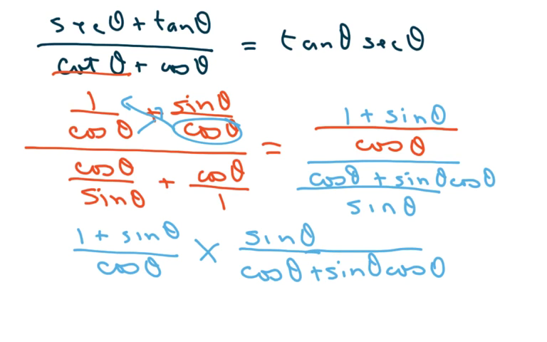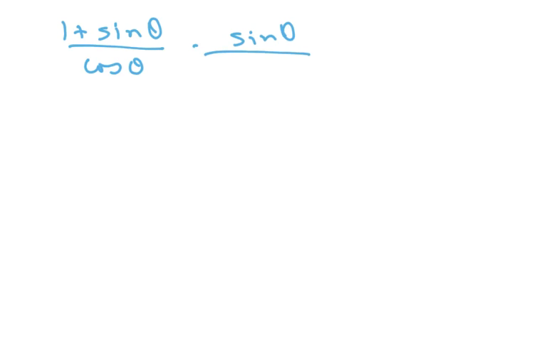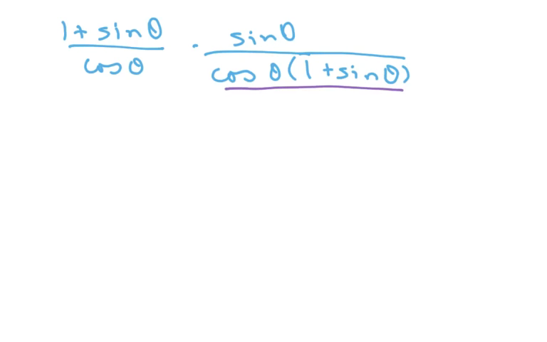Now, I'm going to go ahead and factor, and what I'm going to get is 1 plus sine of theta over cosine of theta times sine of theta, and I'm going to factor out the cosine. Cosine of theta times 1 plus sine of theta. So I just took the same thing, but I just dealt with this part here.